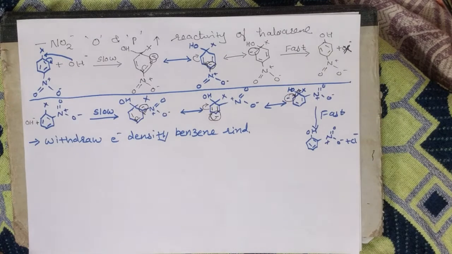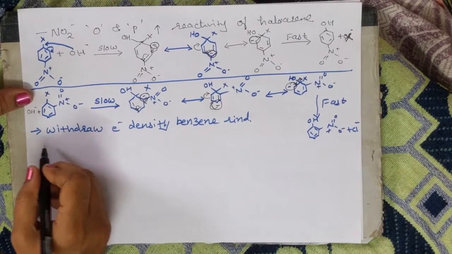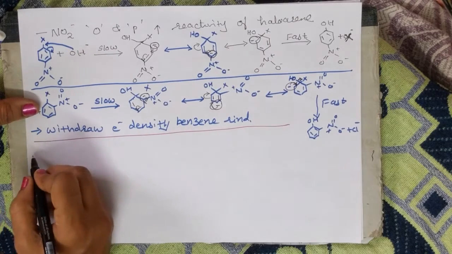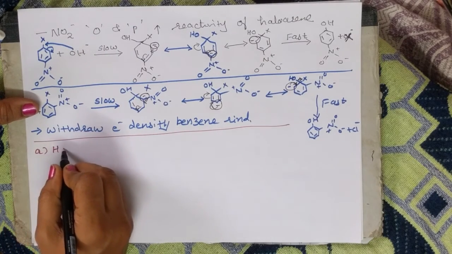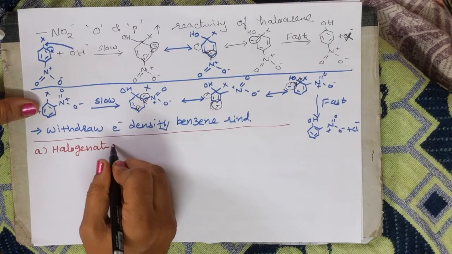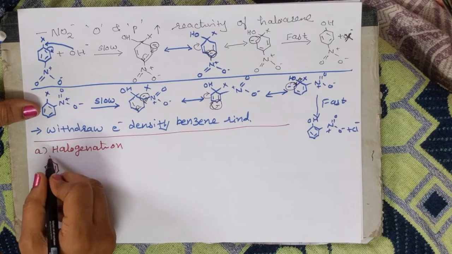Now students, we will study some of the electrophilic substitution reactions of haloarenes, which include halogenation also. In the halogenation reaction, first of all we are going to study the chlorination of chlorobenzene. First reaction is halogenation. In halogenation, we take chlorobenzene.